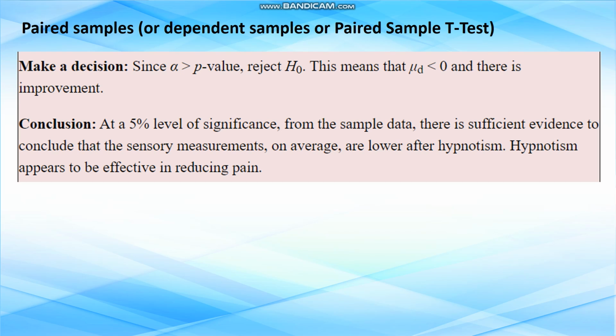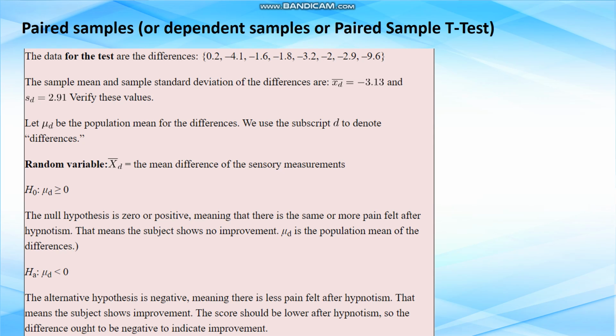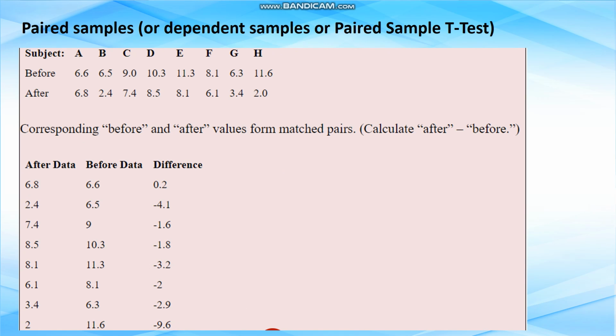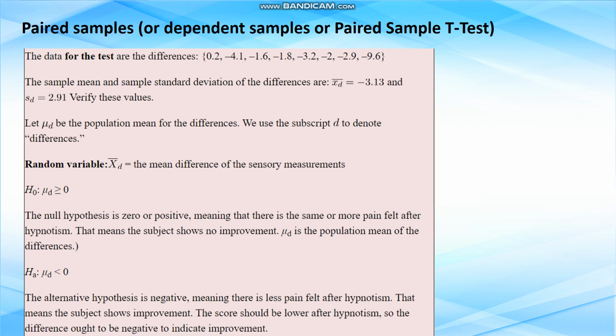Okay, let's stop this example. Paired sample or dependent samples, or paired sample t-test. This lesson shows you how to compute the difference for each subject, before and after, and then you prepare the data for the test.